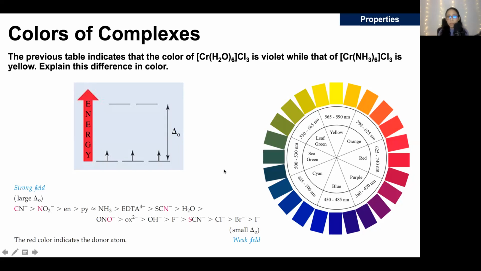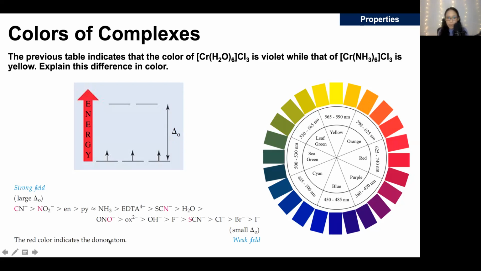That means hexaaquachromium(III) chloride absorbs from 530 to 565 nanometers of light, and hexaamminechromium(III) chloride absorbs in the 450 to 485 nanometer region of white light.